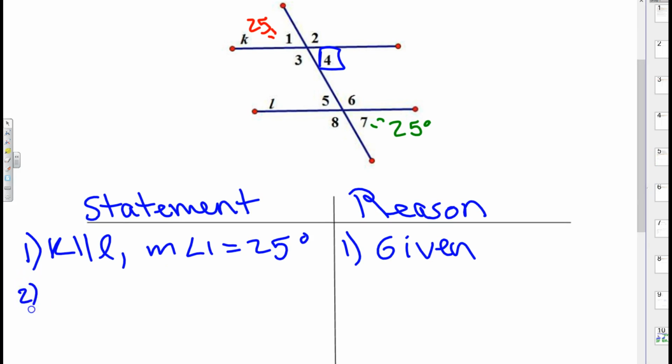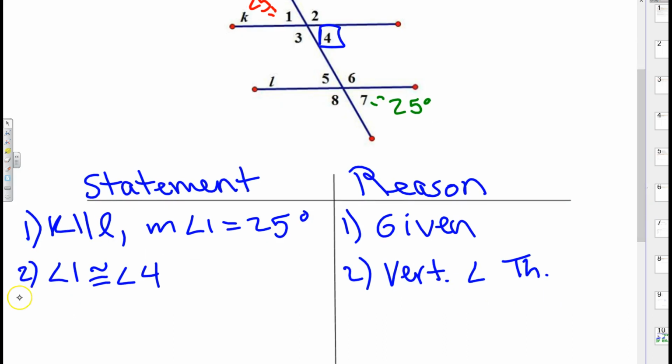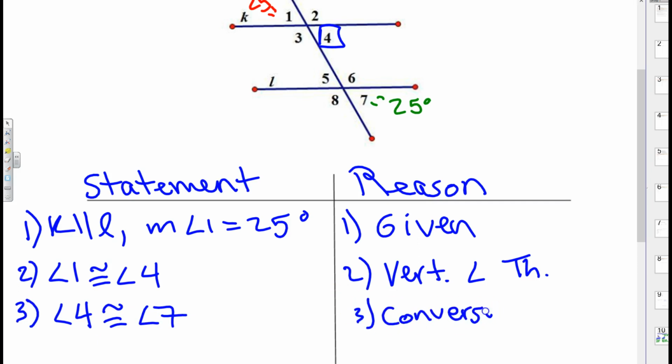Well, first off, I can say that angle 1 is congruent to angle 4 by the vertical angles theorem. And I can also say, because they've given me some parallel lines, that angle 4 is congruent to angle 7 by the converse of the corresponding angles postulate.